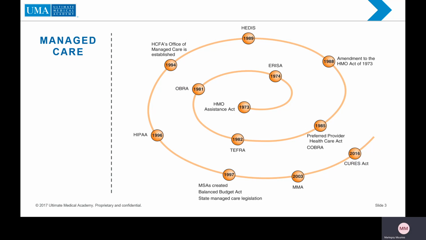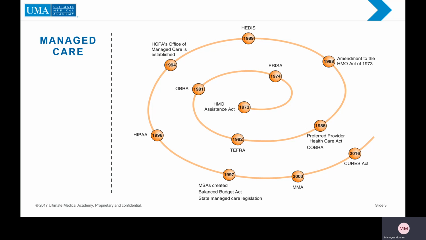We also had in 1985 the creation of COBRA. So in 81 we had OBRA, now we have COBRA in 1985. This is the Consolidated Omnibus Budget Reconciliation Act, and what it did, it established an employee's right to continue healthcare coverage beyond the scheduled benefit termination date, and this also included HMO coverage.